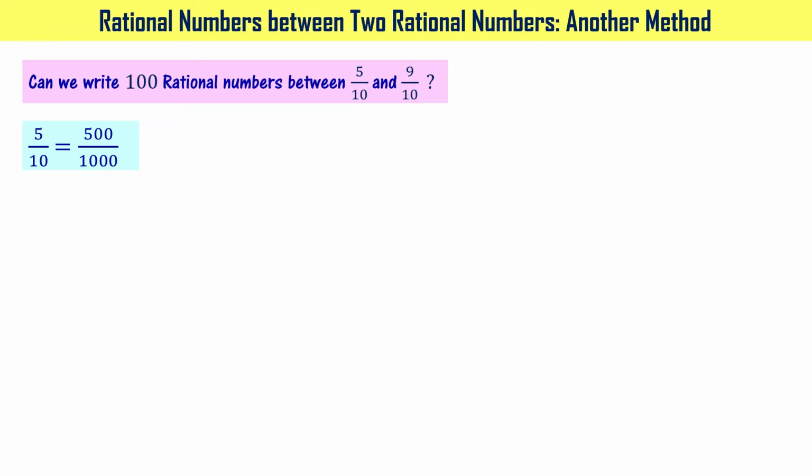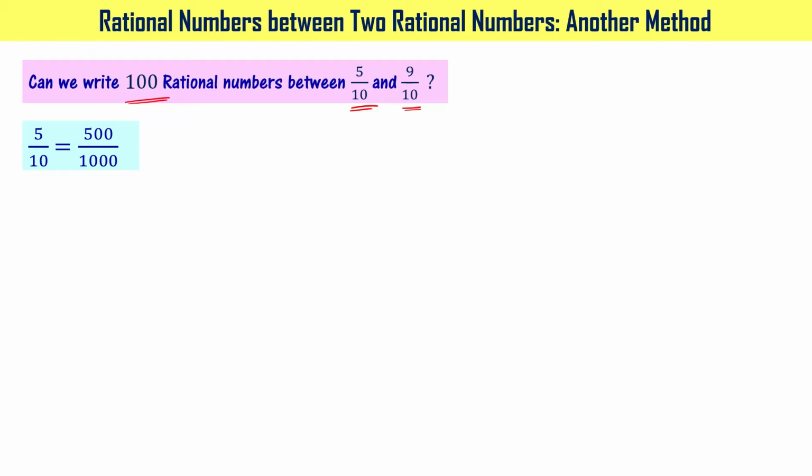But here we are asked to write 100 numbers. So just multiplying 5 by 10 and 9 by 10 by 10 in the numerator and denominator is not going to solve the problem, because it can yield only 39 numbers, right?